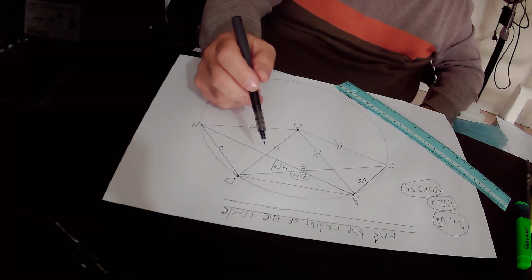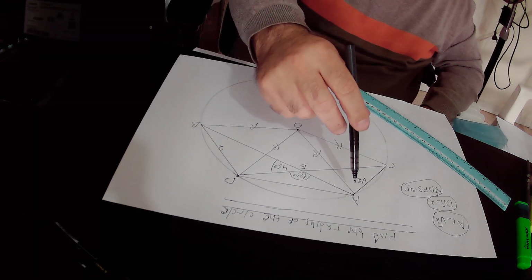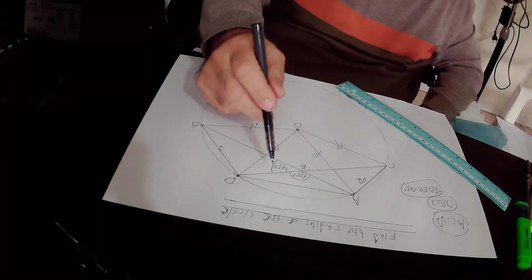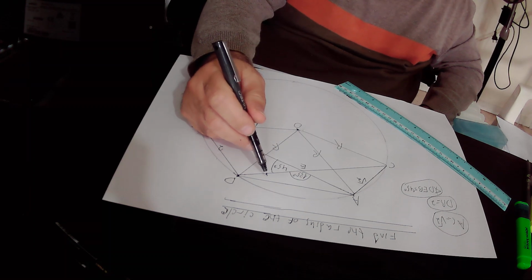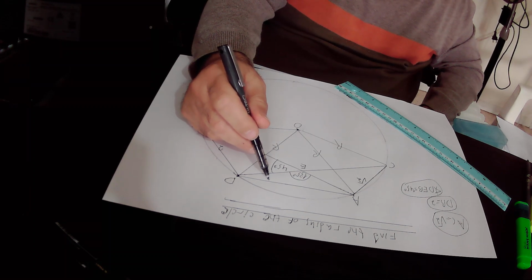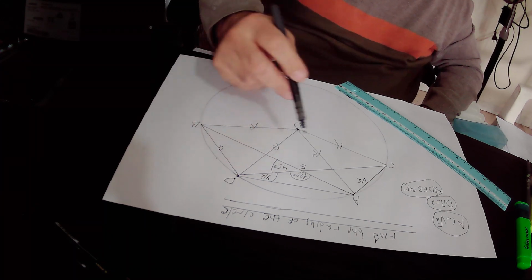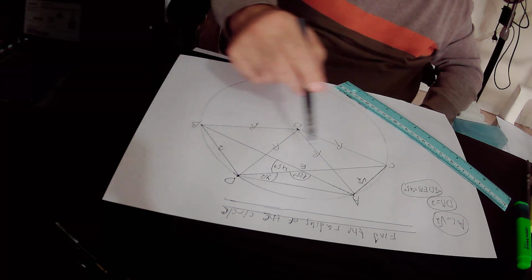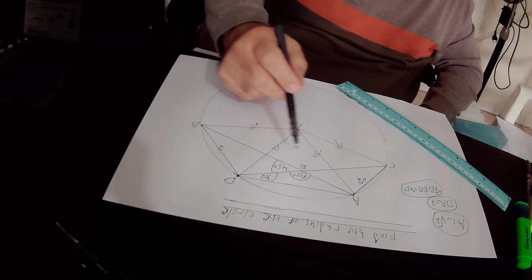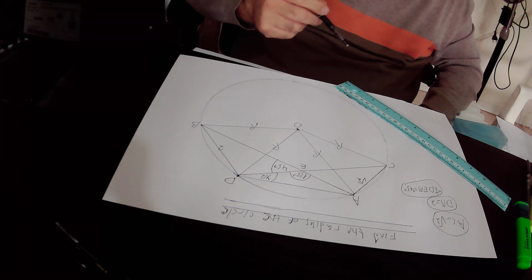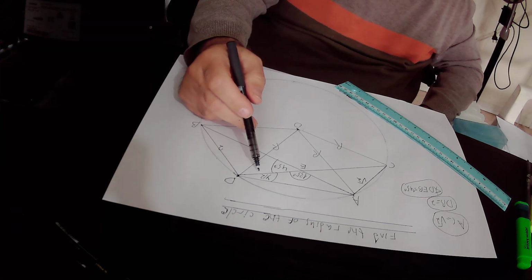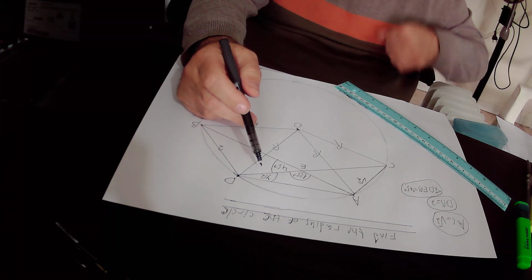Okay, we define angle ADC, this angle, as y over 2. So the peripheral angle ADC rests on chord AC, and according to our definition, it is equal to y over 2 degrees.